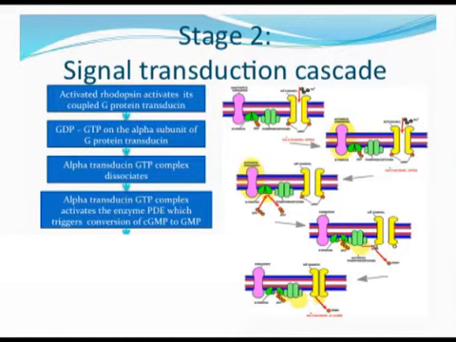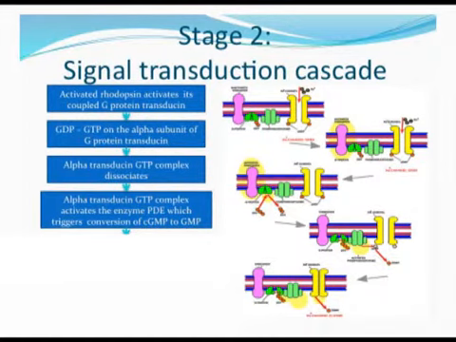When the enzyme PDE is activated, it triggers conversion of cyclic GMP to GMP. In the photoreceptor cells, along the periphery, we have a number of cyclic GMP gated ion channels. When there's a high concentration of cyclic GMP within the cell, these ion channels remain open, so it allows sodium to enter the cell along its concentration gradient.